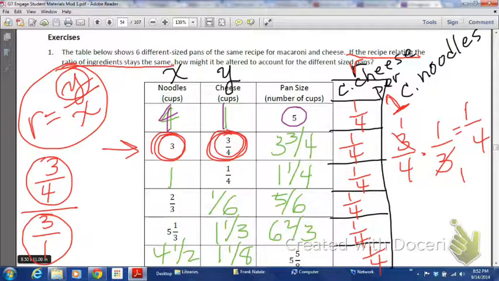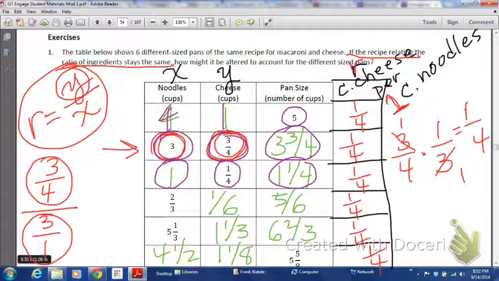Okay? This one, of course, we're just adding these two to get that. And if our rate is 1/4 cup of cheese per cup of noodles, if I know I have 1/4 cup of cheese, I know I have 1 cup of noodles. Okay, and then of course just adding those to get the 1 and 1/4 there.